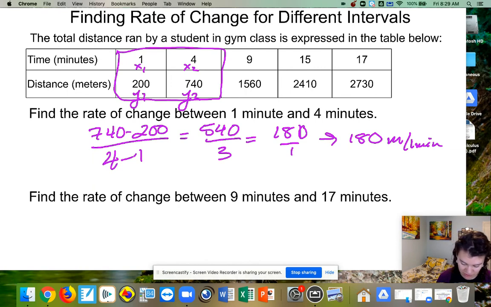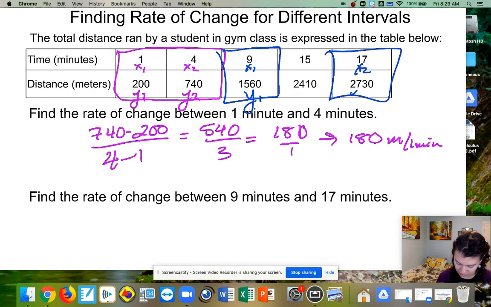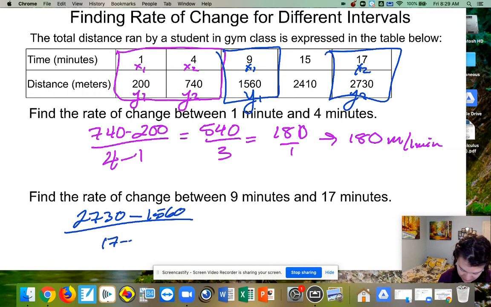So now it wants between 9 minutes and 17 minutes. We want this one and this one. So now this is our x1, x2, y1, y2. So you can do 2,730 minus 1,560 all over 17 minus 9.